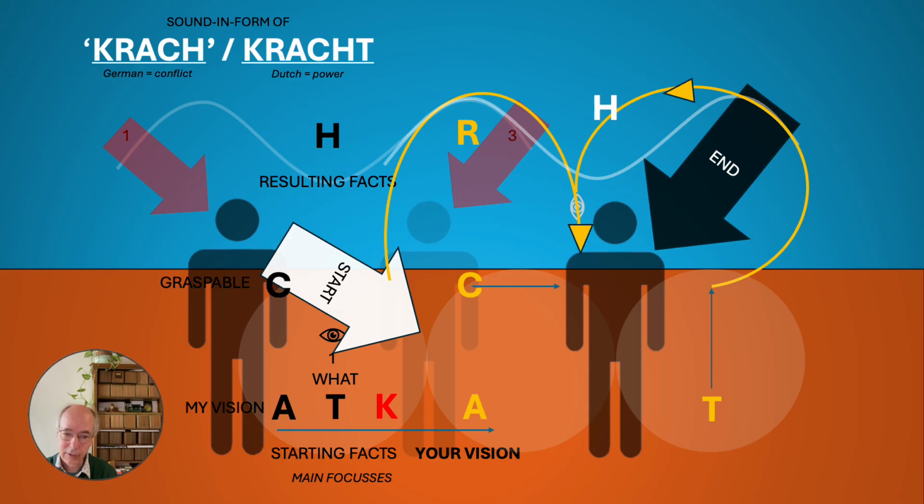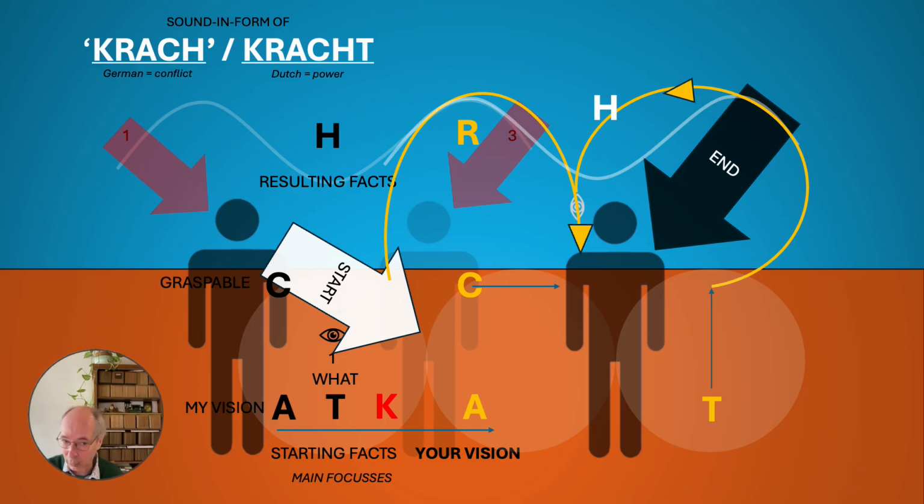But first, of course, what we already see is we start from our vision. So from the yin and yang here in this system, I start from my vision, from my personal view. Look into what is different from the other, something that I don't grasp, or maybe even don't agree to.